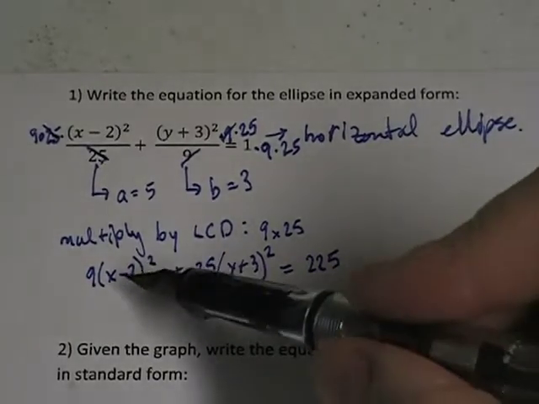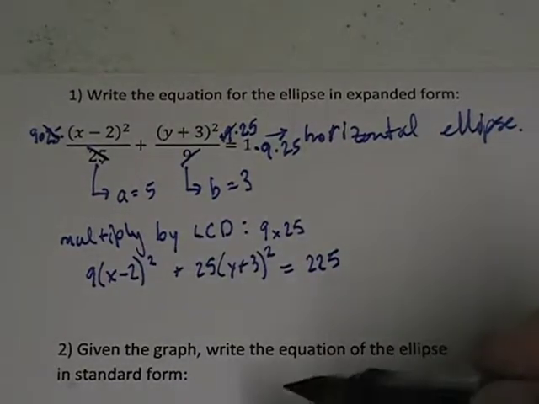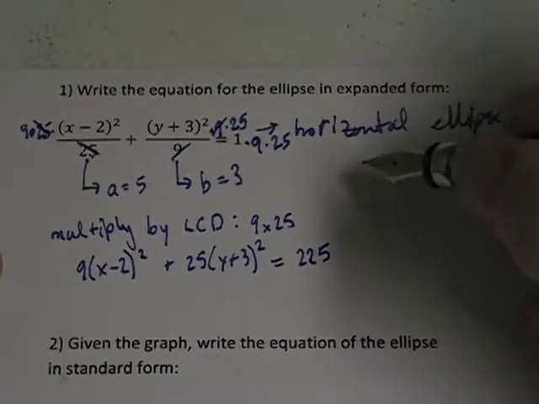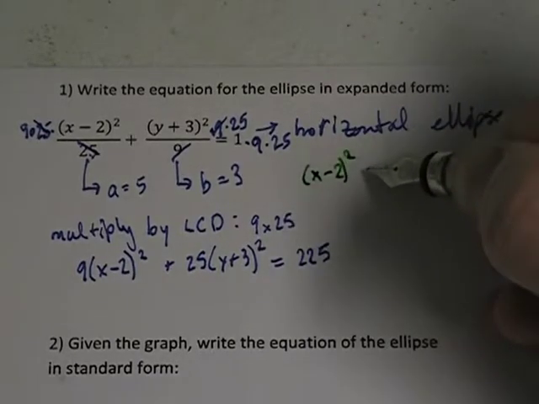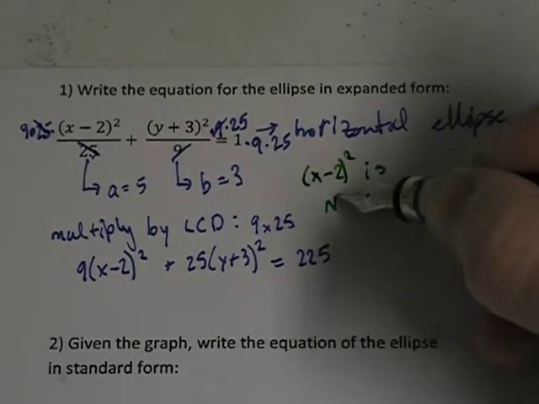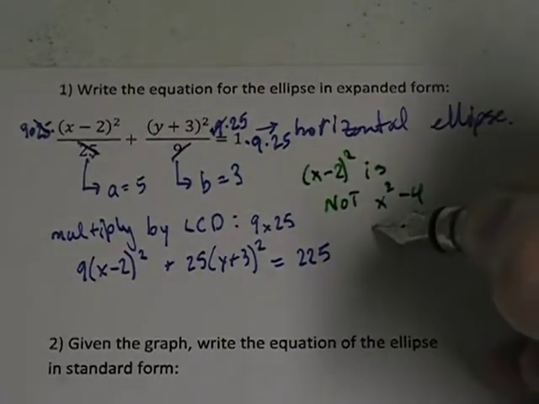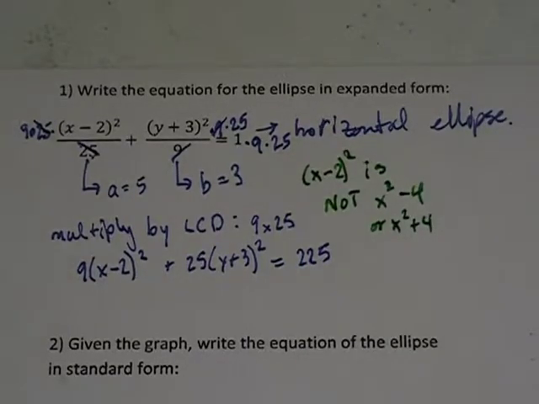All right, so now I need to expand this and multiply by 9. And be careful. I'm going to come over in a different color here and just write this real quick because it's really important that you know this. x minus 2 squared is not x squared minus 4 or x squared plus 4. That's a very, very common mistake, that people try to distribute a square.